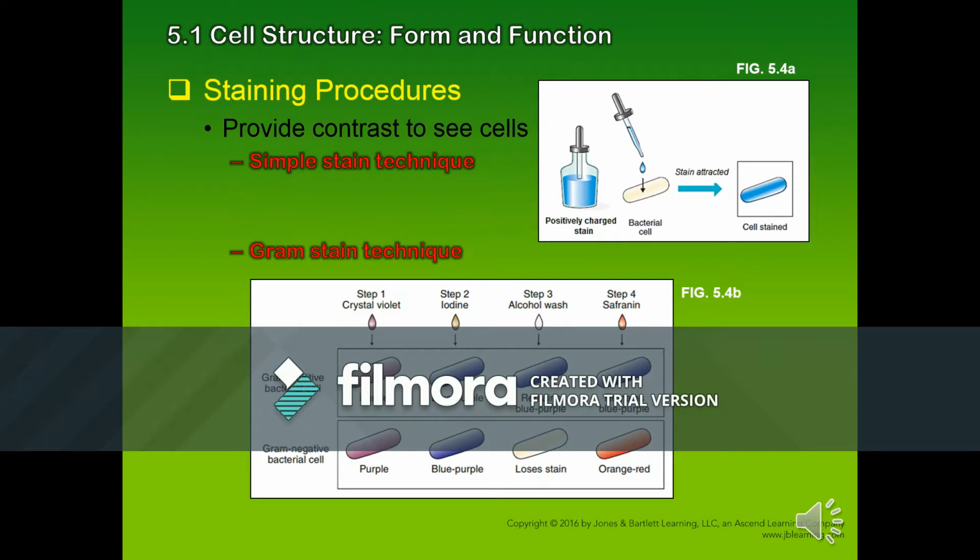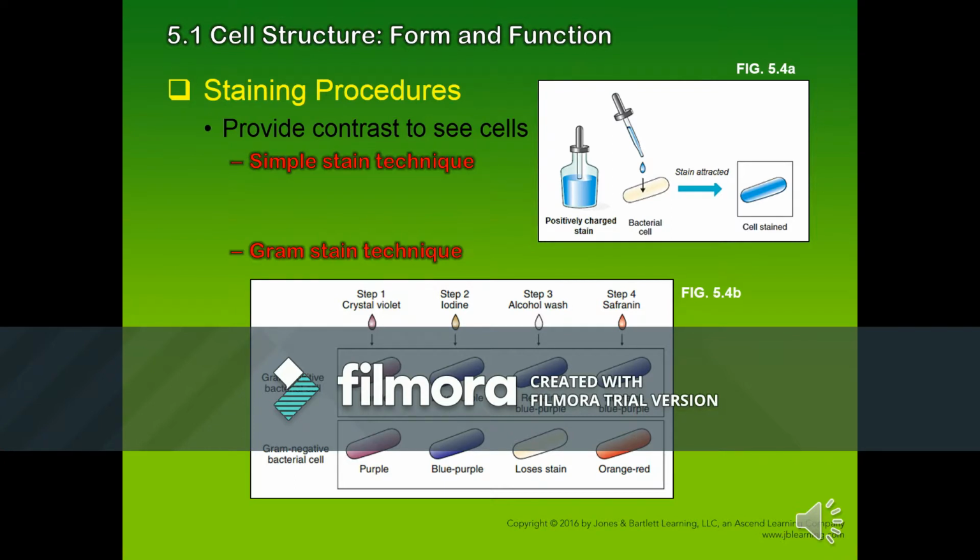Okay. So in a Gram stain, you first dye with crystal violet, which is going to turn all your cells purple, whether you're gram positive or gram negative, and we'll talk about those differences in just a minute. We then fix that color in with iodine, so that keeps the stain in the cell.